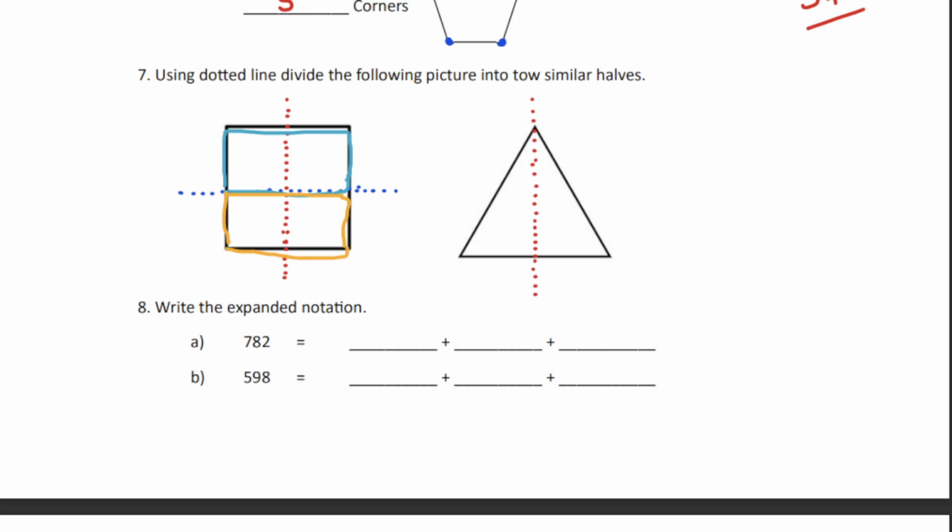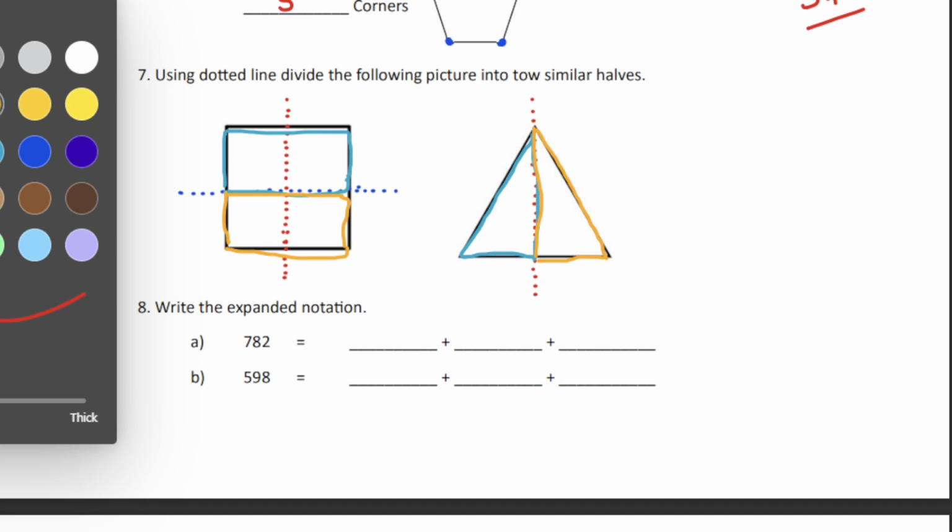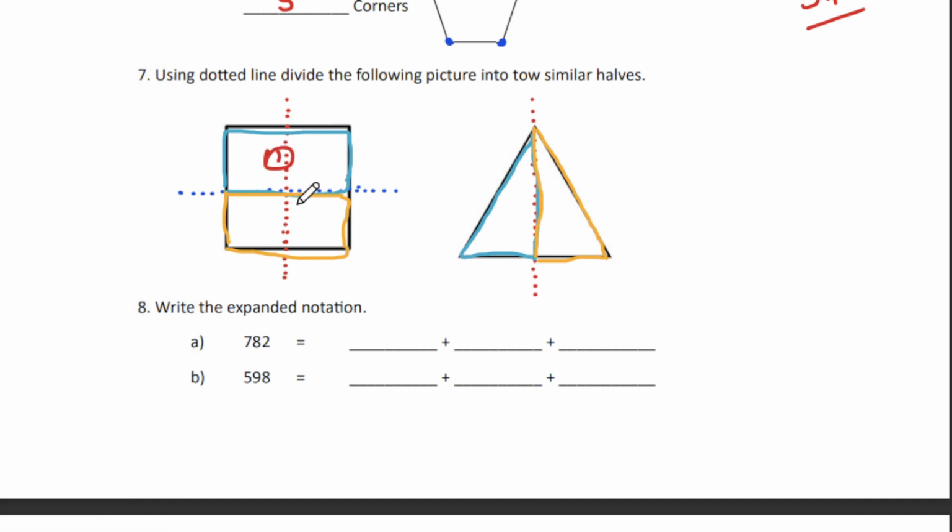Okay, and triangle again, the first triangle, this one is the first half, and second one, this is the second half. So this one is completed now. So you can also write this is the first half, second half, and this one is the first half, and this one is second half.